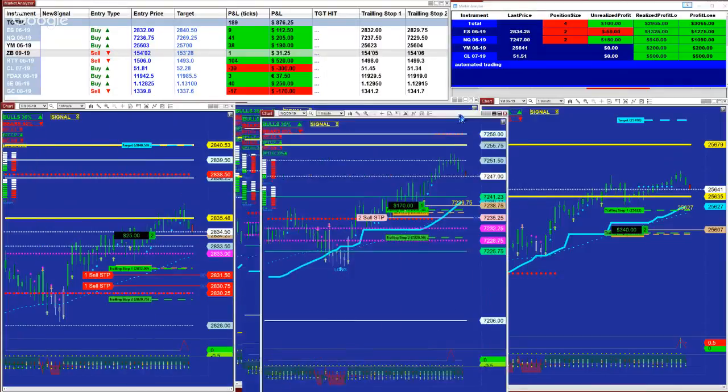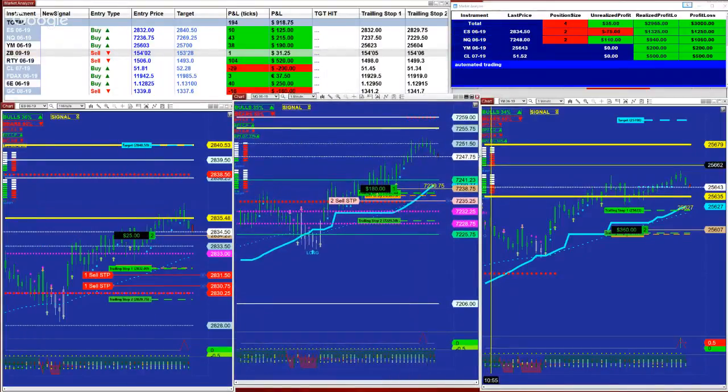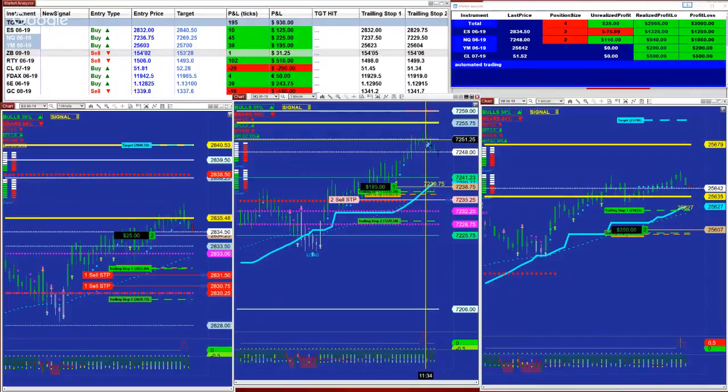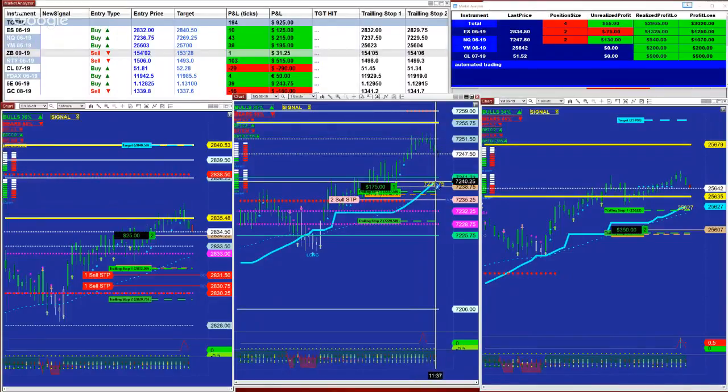Okay, let me explain to you. Here's your situation on the Nasdaq, sir. It got a little rejected on the 5150, coming on the pullback to 7240. This is a re-entry point right there on the Nasdaq.